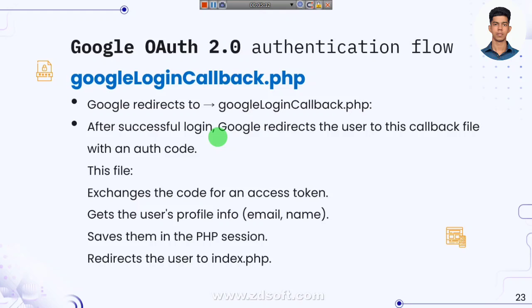After successful login, Google redirects the user to this callback file with an auth code. This file exchanges the code for an access token, gets the user profile info, saves it in a PHP session, and finally redirects the user to index.php.